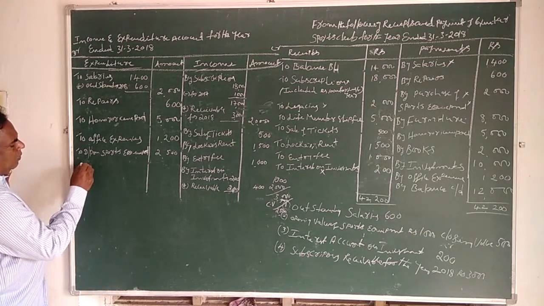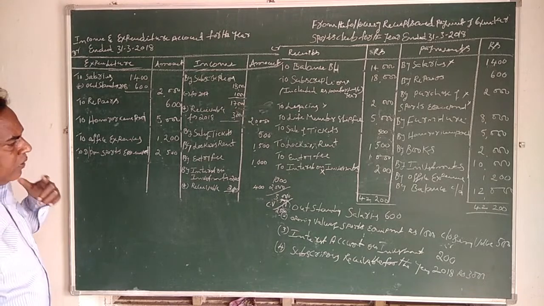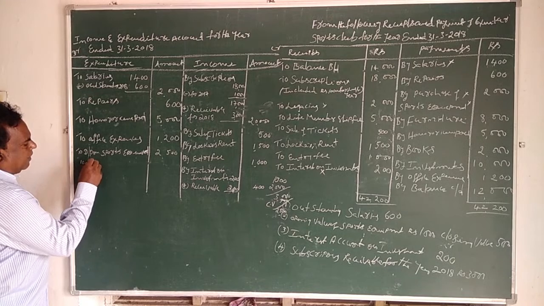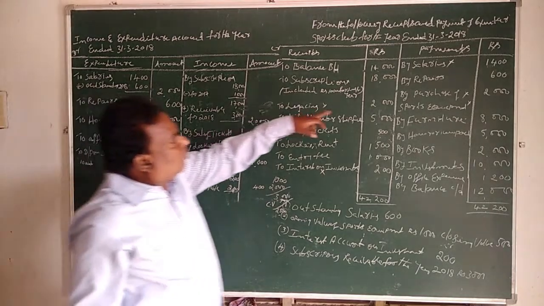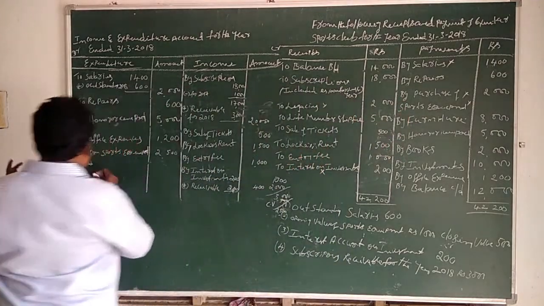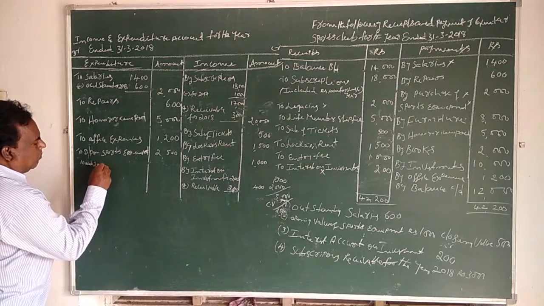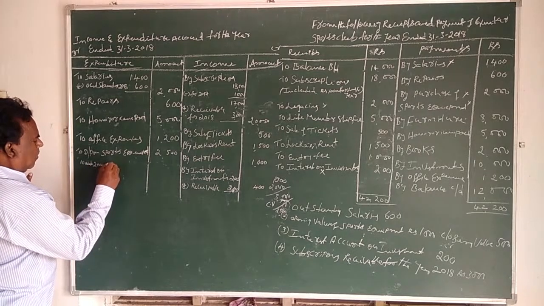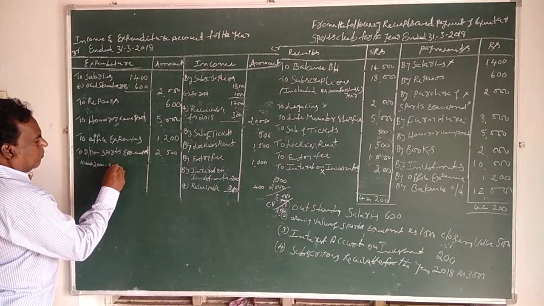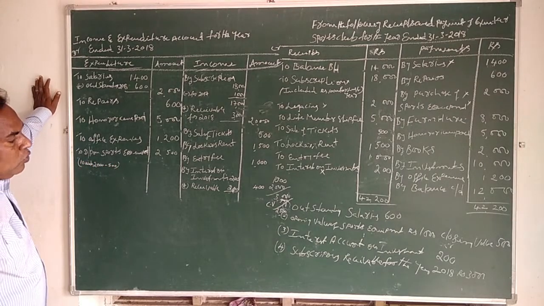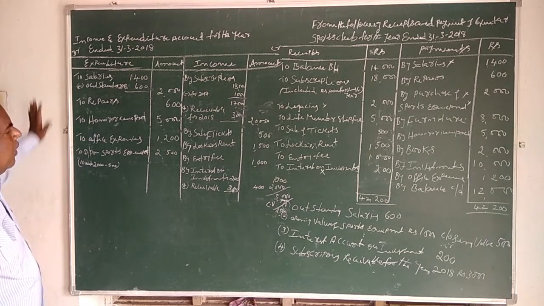2,500 means opening balance of sports equipment 1,000 plus sports equipment purchases 2,000, minus 500 closing balance. So outer column 2,500, depreciation on sports equipment 2,500.